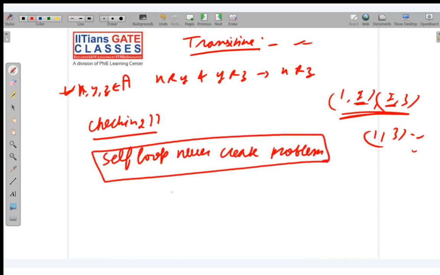For example, if we have x comma x and suppose we also have x comma z, then from x comma x and x comma z, finally what we should have is x comma z, and it is already there. So a self loop will never create a problem in checking transitivity. You should simply ignore all the self loops. Okay, take a snapshot. I will jump to the next slide and give you some examples.